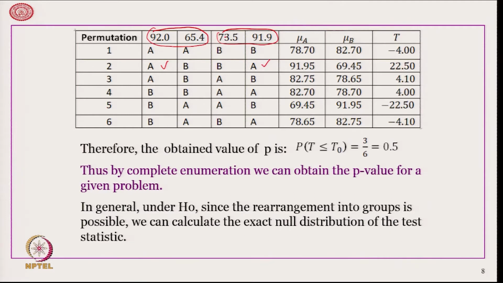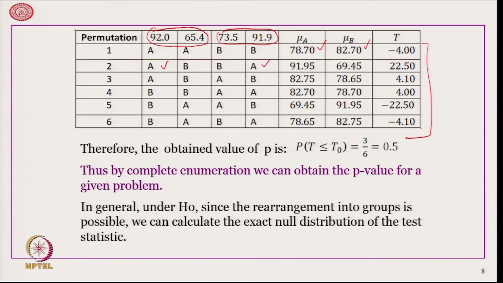Like that, for all the 6 permutations we have computed what is going to be the mu A and the mu B, and we have computed the value of the statistic t for all the 6 permutations.